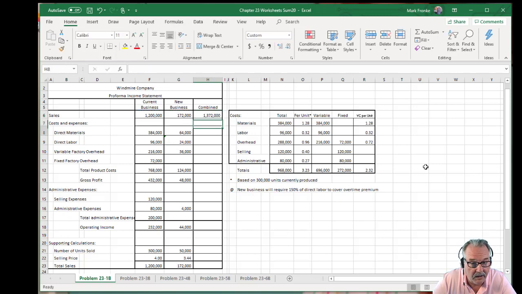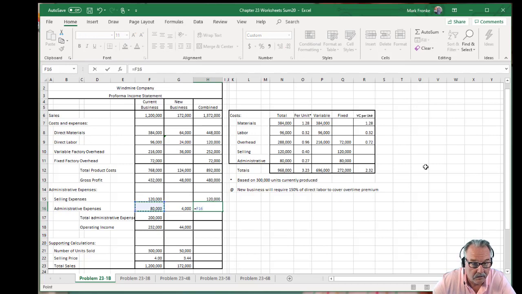When I combine these columns together, we'll see that our net income, including what we're currently doing and this new piece of business, is going to go up. And so we should accept this business because our profits will increase.